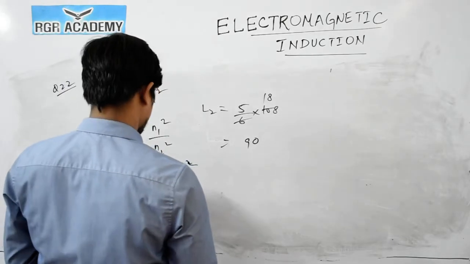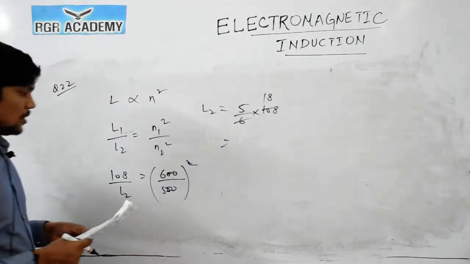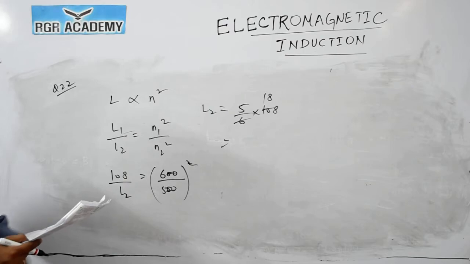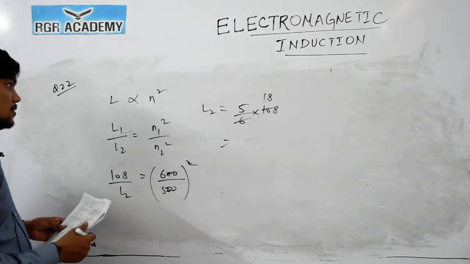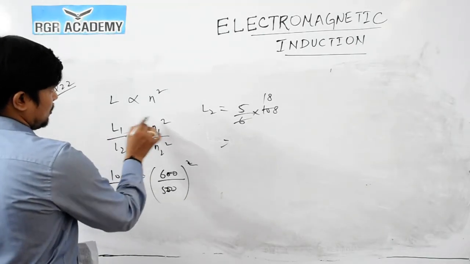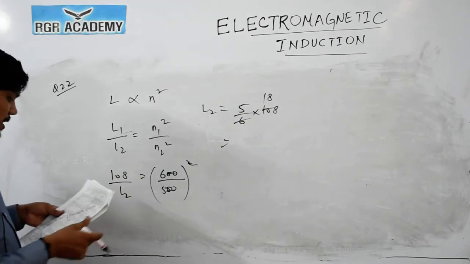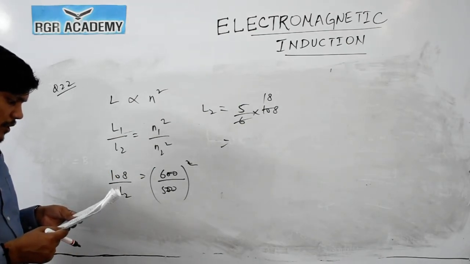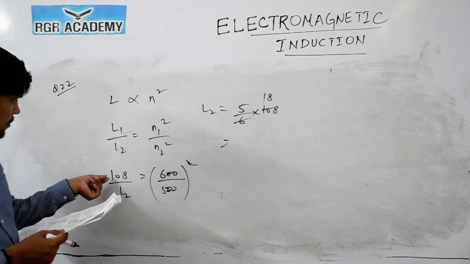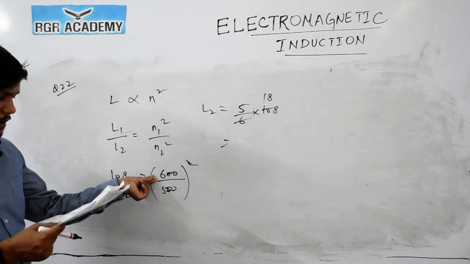L is proportional to N square, so L1 by L2 will be equal to N1 by N2 square. L1 is 108 millihenry, so 108 by L2 will be equal to 600 by 500 square.